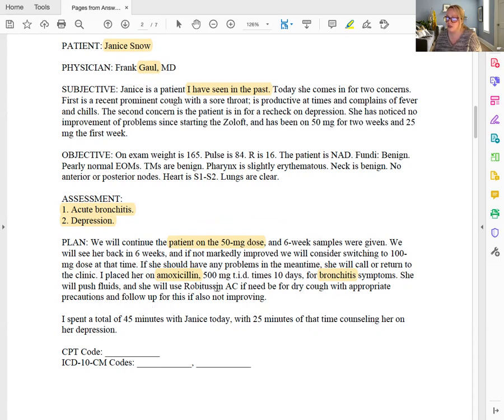She will push fluids and she will use Robitussin AC if needed for the dry cough with appropriate precautions and follow-up for this if also not improving. So as a coder, what I might actually go back and say is, hi, Dr. Gall. I might send a query and say, hi, Dr. Gall. I see for your patient, Janice Snow, who was seen on such and such date, that a diagnosis for acute bronchitis was indicated and a prescription for amoxicillin was listed.